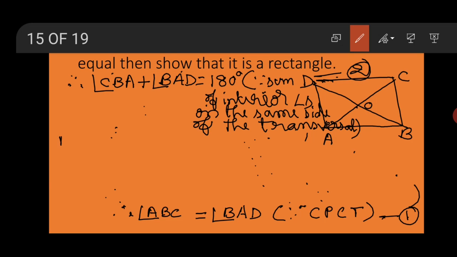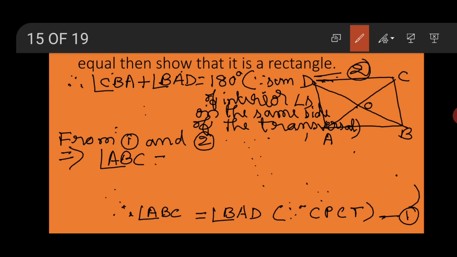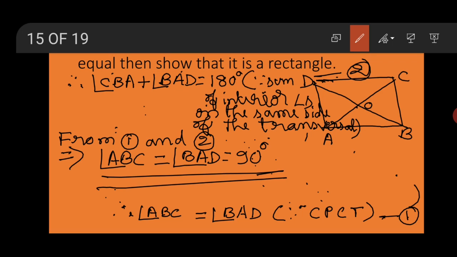From equation 1 and equation 2, we get that these two angles are equal. Angle ABC is equal to angle BAD, which is equal to 90 degrees, right?